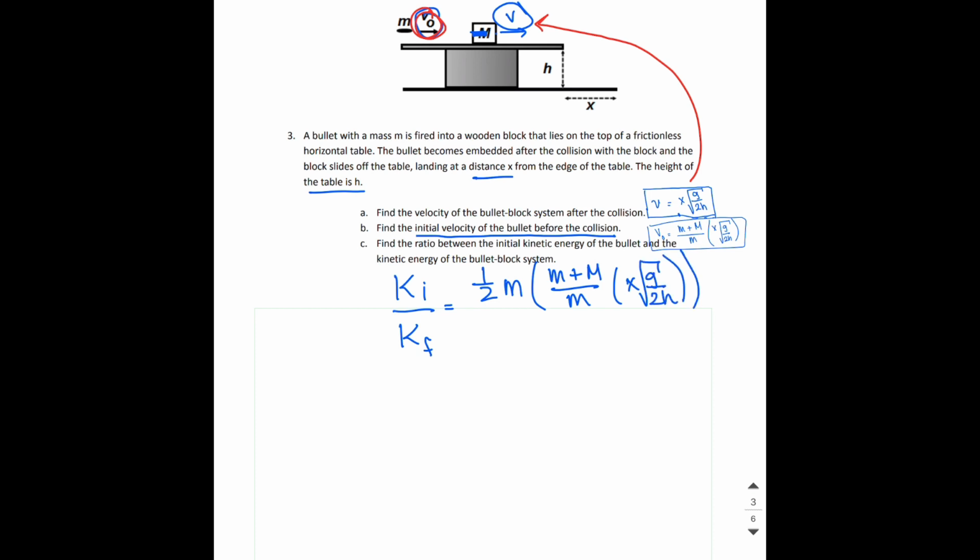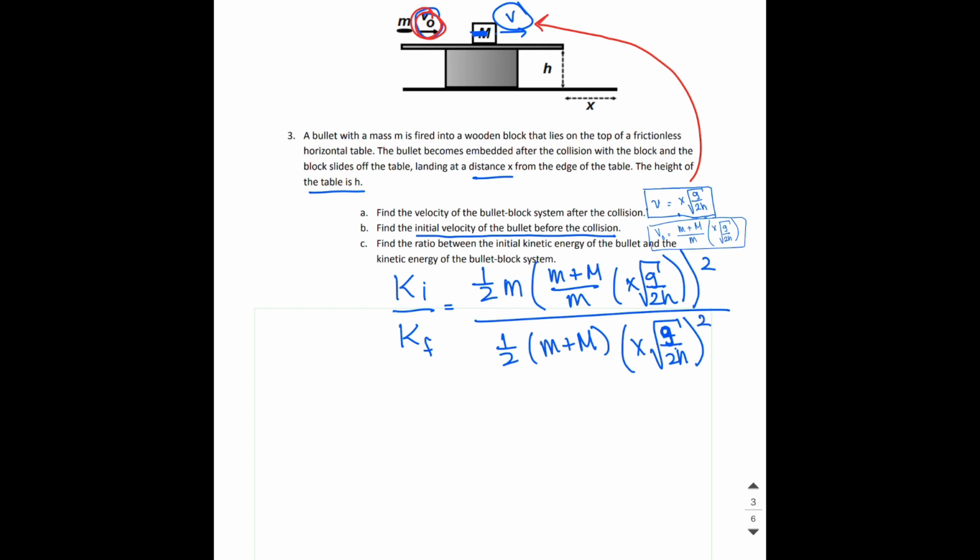And this whole quantity is squared all over the final kinetic energy, which is the bullet and block stuck together, times the velocity I get from part A, which is x times the square root of g over 2h. Oops, that should be a g over 2h quantity squared.